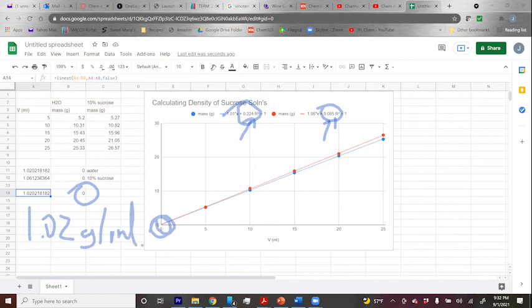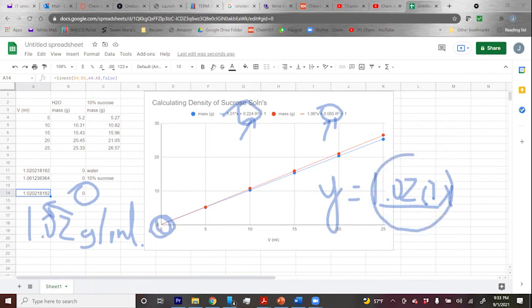And this is the equation I would put in on the chart. Y is equal to 1.020 x. Remember, there's no plus b, so that is the equation, and this is the slope.